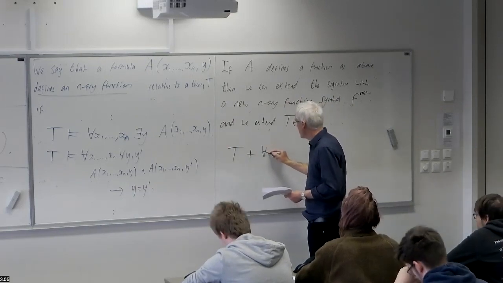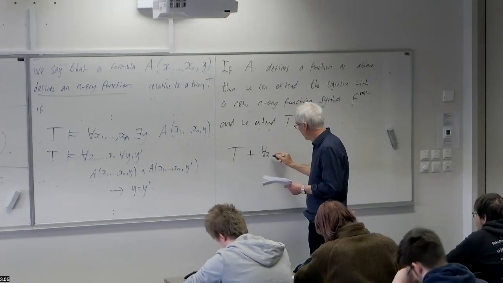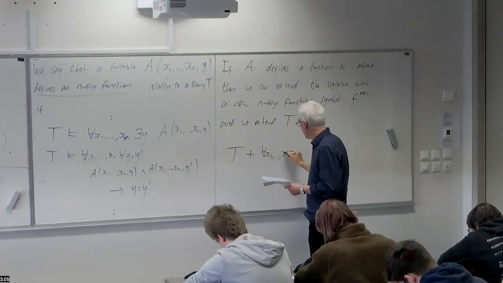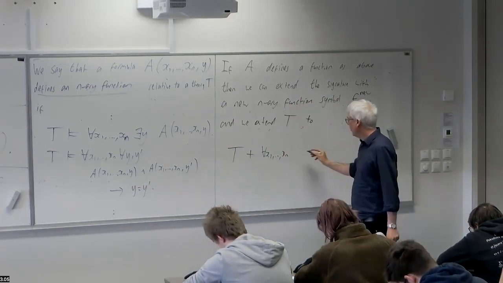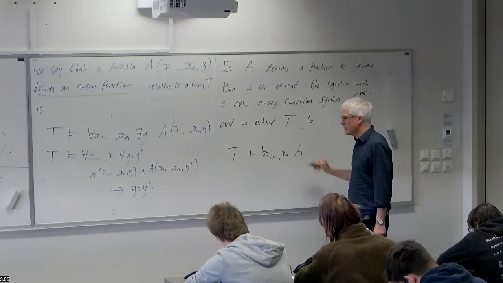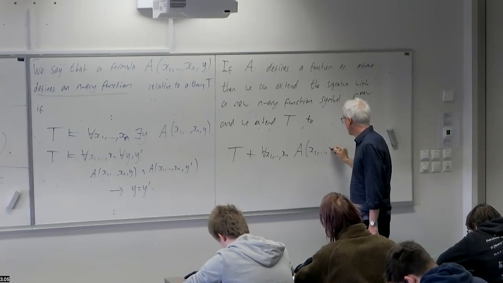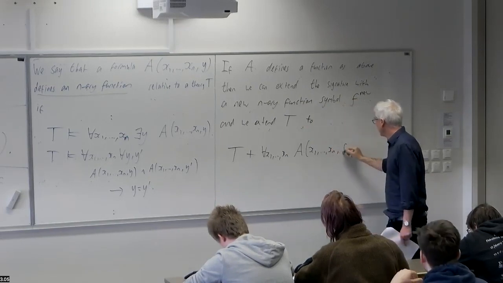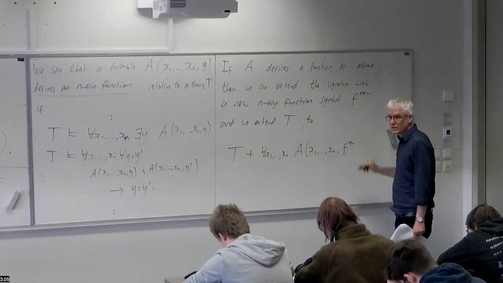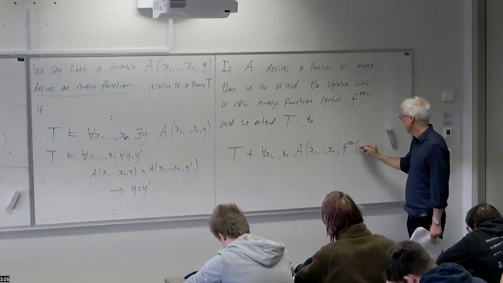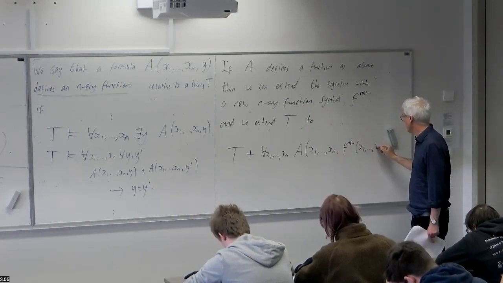And the new equivalence says for all x1 to xn, all you need to say is that the relation A holds of x1 through to xn together with the term that we now have in our new signature, f new applied to x1 through to xn.